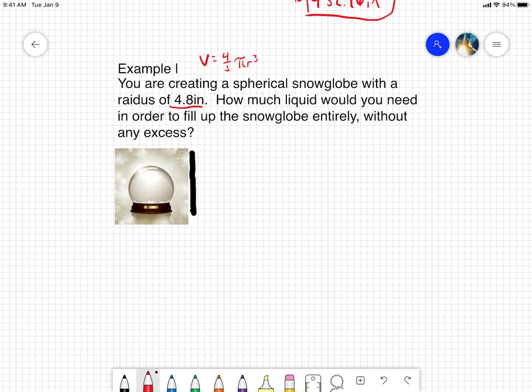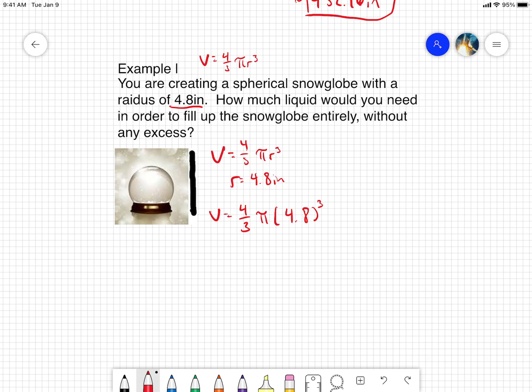Since it's 4/3 pi r cubed, and my radius is 4.8 inches, my volume is simply going to be 4/3 pi times 4.8 cubed.